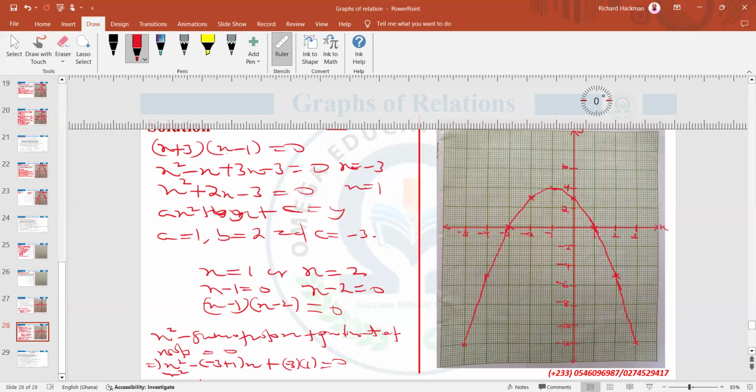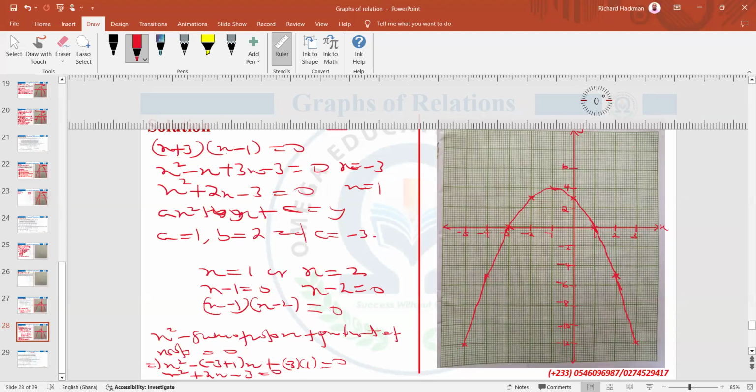This, if you add, you are going to get minus 2, so it will be plus 2x. Then this one, if you multiply, you get minus 3 is equal to 0. Is it not the same equation that we have here? Yes, it's the same. You can use this approach. This is better when you are going back rather than the formula. So that will be it in terms of the graphs of relation.